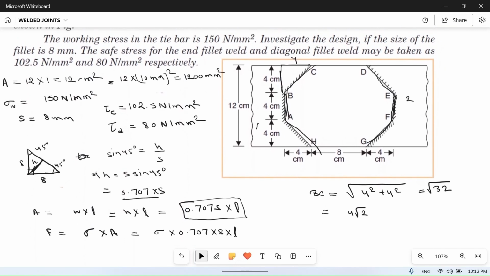So this is length of one diagonal member. There are equal length 1, 2, 3 and 4 diagonal members. So total diagonal length LD is equal to 4 into 4 root 2 is equal to 16 root 2.